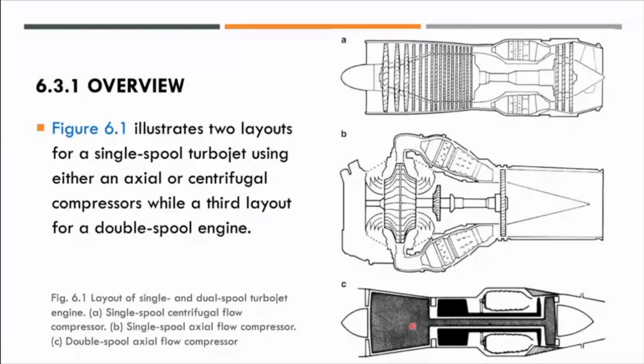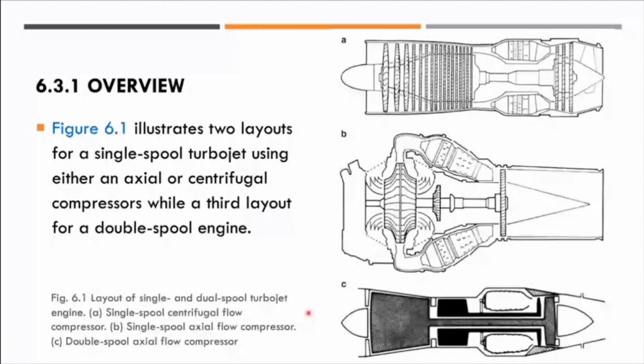The third layout basically is a double spool engine. You can see the low pressure compressor, high pressure compressor, high pressure turbine, and low pressure turbine before it goes to the nozzle.